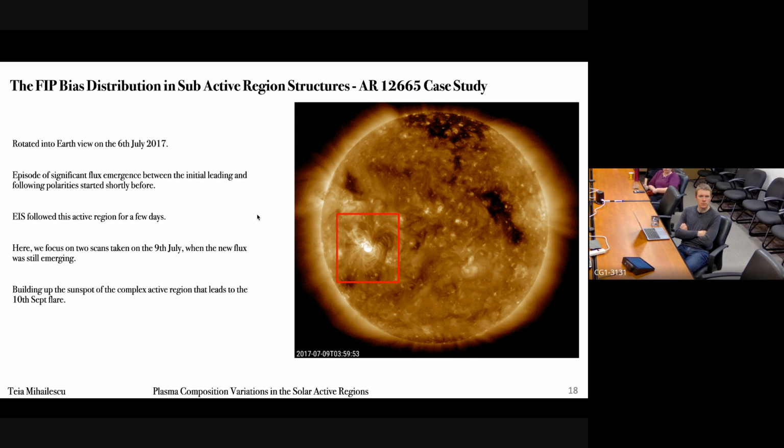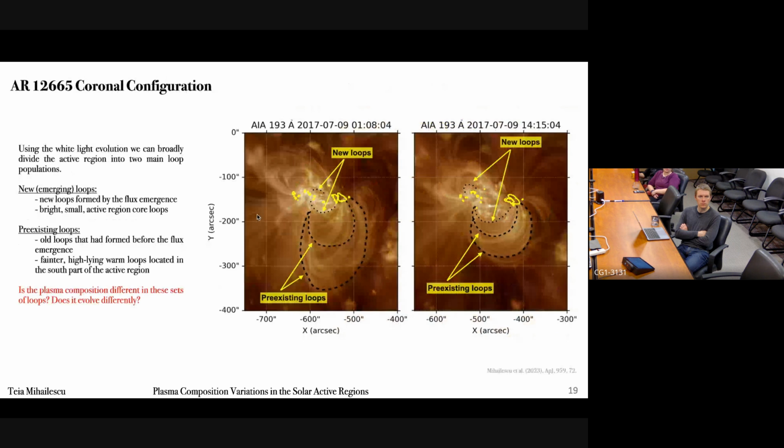In this case, this active region lived on for many months, but we're capturing it right after a new episode of flux emergence. This new episode divided the active region into two main parts: the new loops and the pre-existing loops.